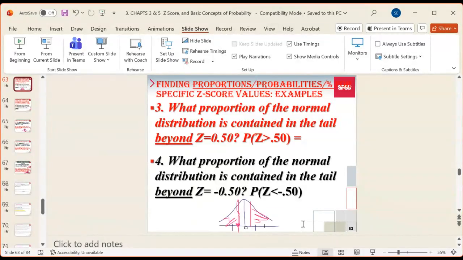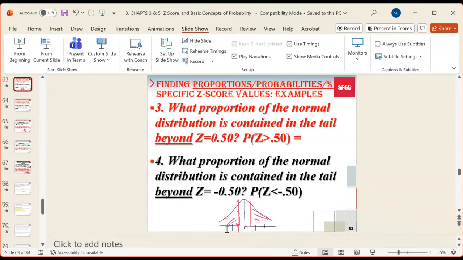Keep in mind those critical values that are given, they're all positive, since this normal distribution is symmetrical. It's like an apple cut in half. The right side and left are mirror images. So if it says 0.5 to the right tail or negative 0.5 to the left tail, it's the same distance as I illustrated here for you.